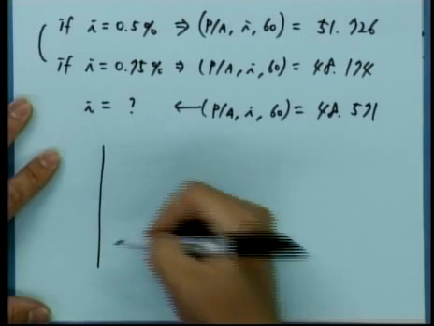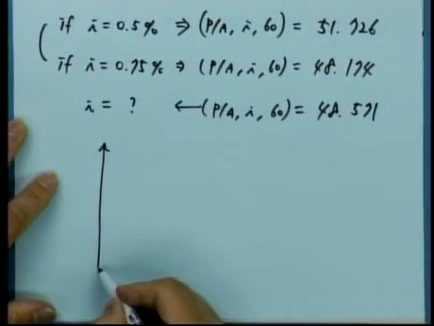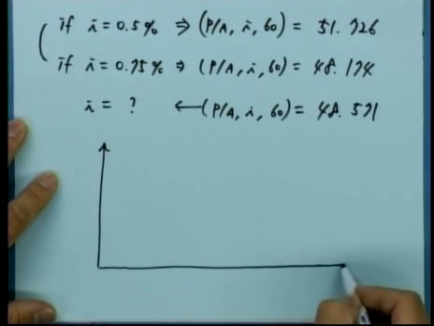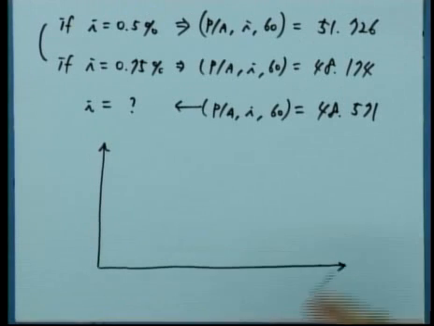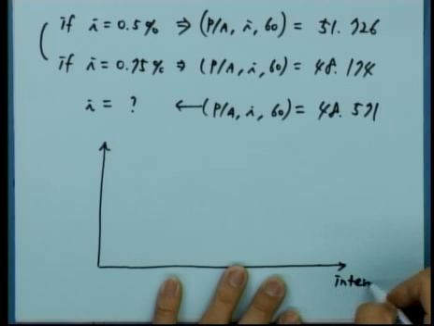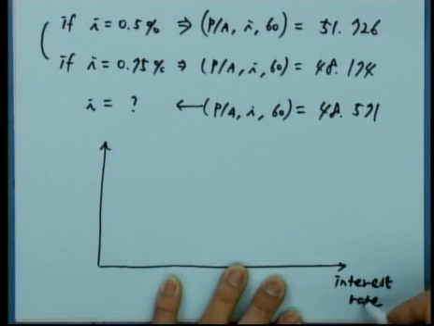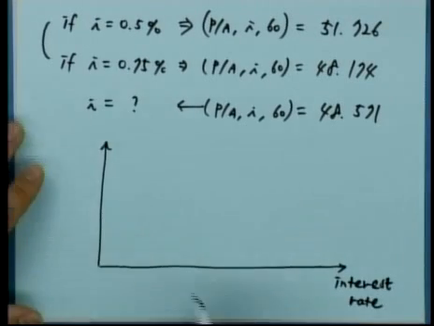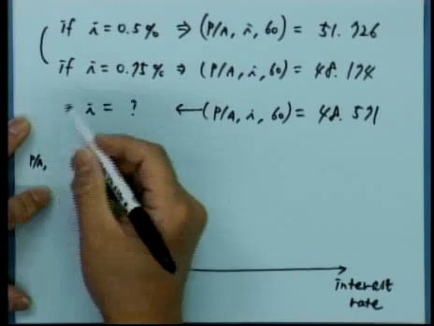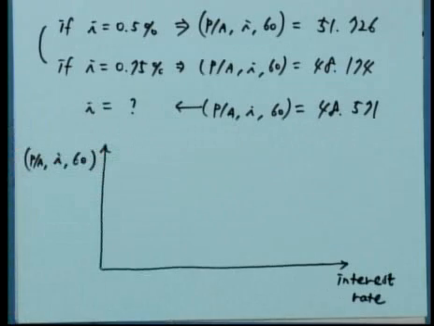Here the horizontal axis represents the interest rate, and the vertical axis represents this vector value P given A I% over 60 periods. Okay.